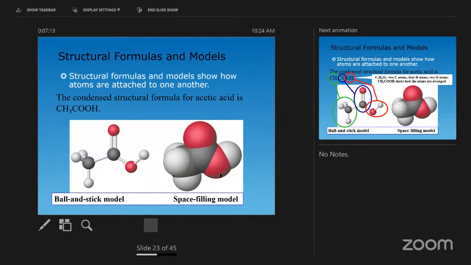In some cases, excuse me. So for example, for acetic acid, right? The hydrogens, that carbon is also bonded to this carbon. That carbon is bonded to this oxygen, and one of these oxygens is bonded to this hydrogen.